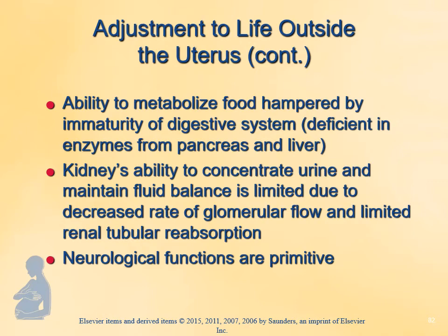The liver's going to have to start working. Up until this point, the mom's circulatory system was excreting waste products for that baby, and now that baby is going to be responsible for doing that on its own. Its kidneys are going to need to concentrate urine to help maintain fluid balance, and its neurological system will eventually get more mature as this baby grows.